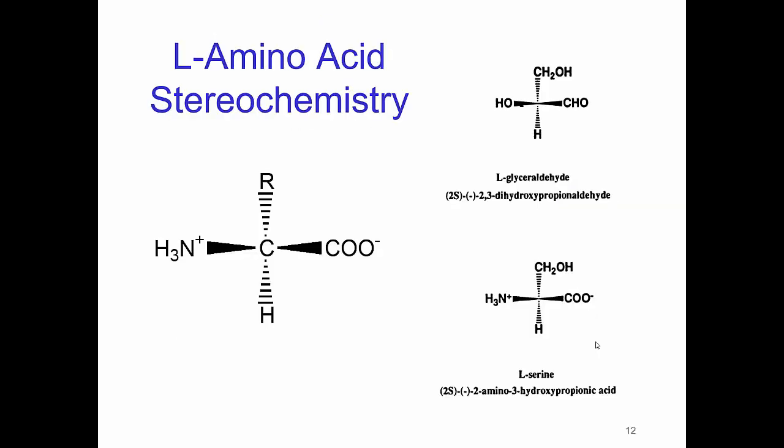Okay, so for L amino acids, we have a stereochemistry that is based on this common type of amino acid structure. If we draw our amino acid in a way where we have our nitrogen, C alpha, which is this carbon where the branching occurs, and then C prime, which is the carbonyl carbon of the amino acid, our R group goes back and up in the L configuration.